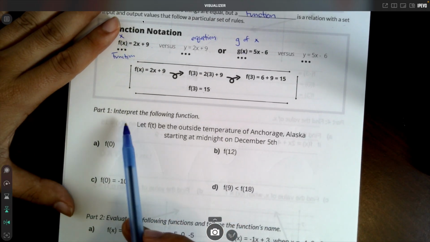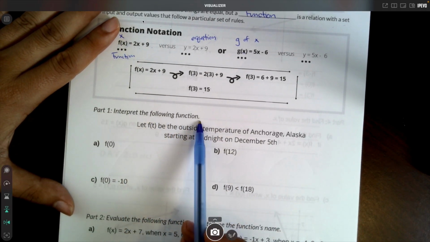And again, sometimes the notation might not have an f, it might not have a g. Sometimes it's a whole word, sometimes it's a bunch of symbols, but you have to notice there's something in front of it, that's the name, then there's a parentheses, and then there's a variable, whether it's an x or a t or whatever, because in this next example, you're going to see that there's a t. So interpret the following function.